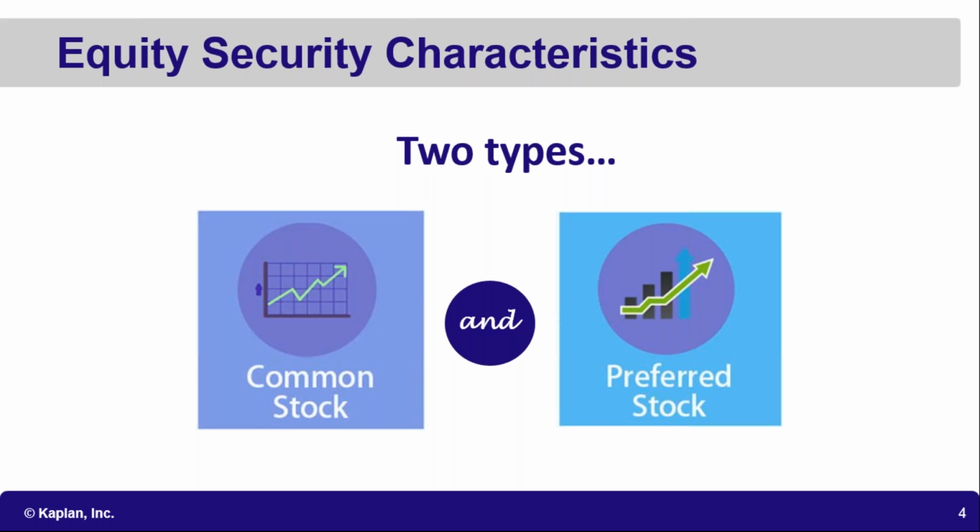And we will see that the investors of preferred stock are going to be preferred over the common stockholders in different ways. And that's why they call it preferred stock. It has preference over the common stockholders of the corporation. So let's start off with common stock first, and then we'll talk about preferred stock.